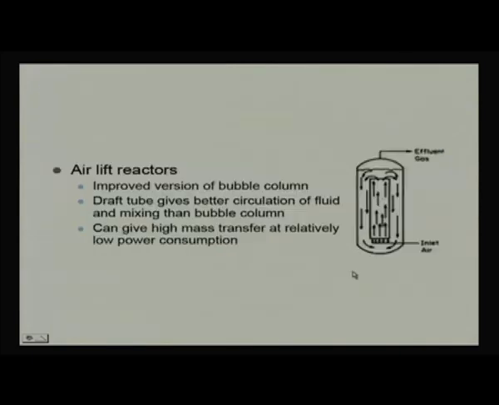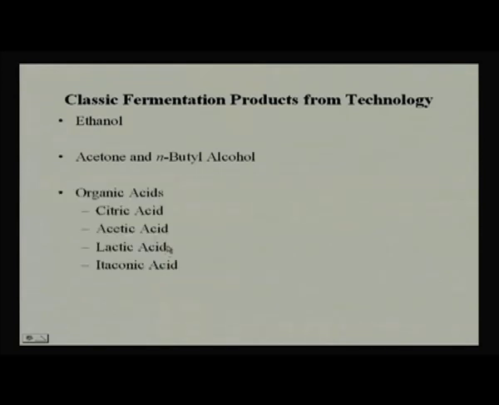So, these are the different concepts of the airlift fermenter. It is an improved version of the bubble column reactor. The draft tube gives better circulation of fluid and mixing than the bubble column. It can give high mass transfer and relatively low power consumption, which we have already discussed for this reactor system.